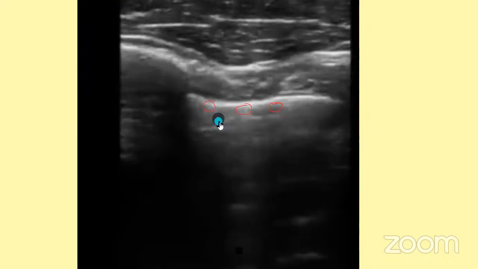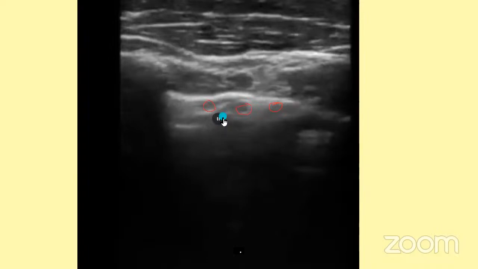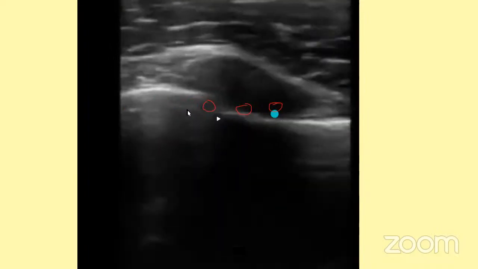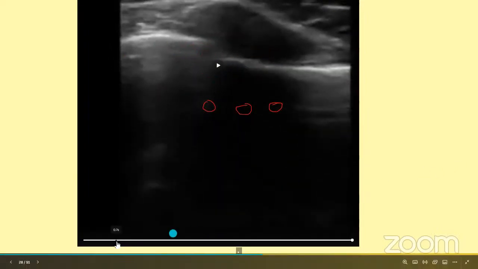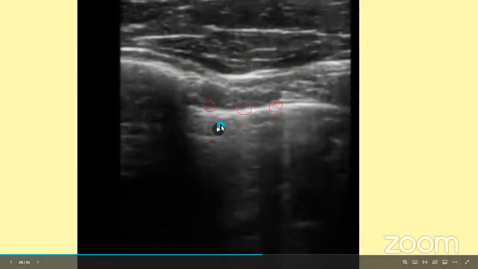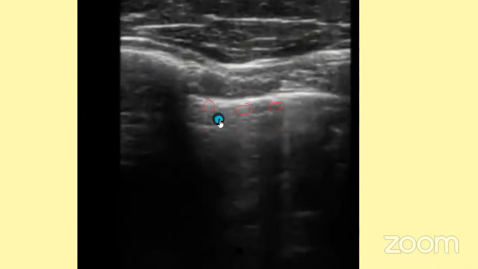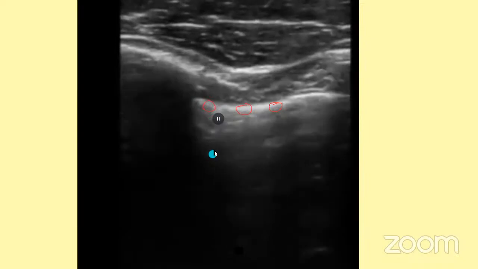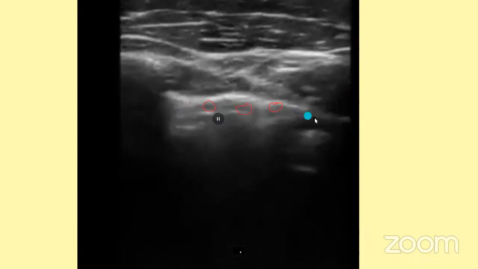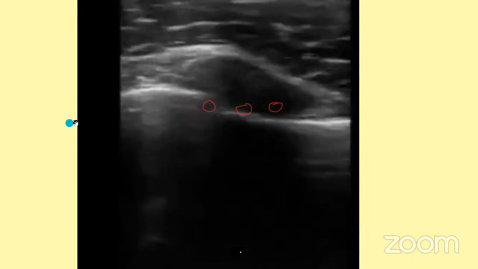Now, as soon as I move, you can see these white specks are moving to and fro with respiration. Let me play it again. You can see some white specks moving across like this, and now it's getting back. Let me play it again because this is one important finding.